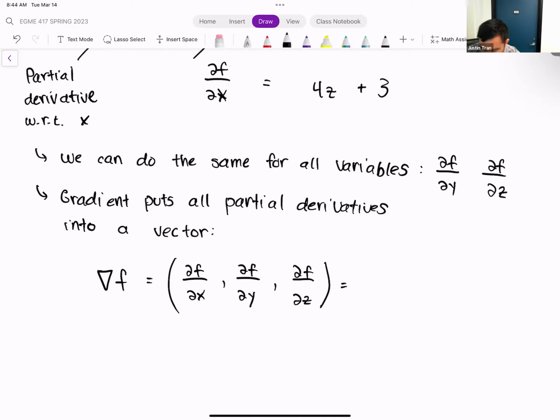Or if you want to put it in ijk notation, it would look like this: partial f partial x i hat plus partial f partial y j hat plus partial f partial z k hat.